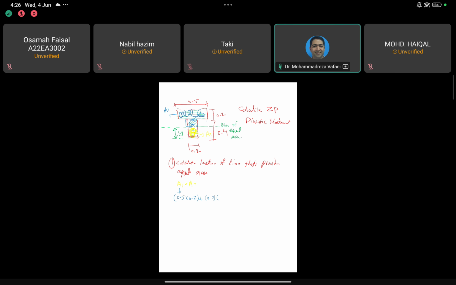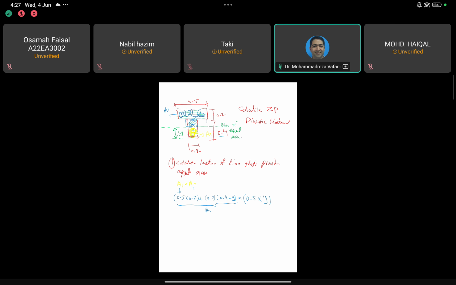But we know from here to here is given to us 0.4, so we can consider it to be 0.4 minus y. So this is basically A1, the area above the line. And then we have the area below the line, which is A2. For A2, we have 0.2 multiplied by y.